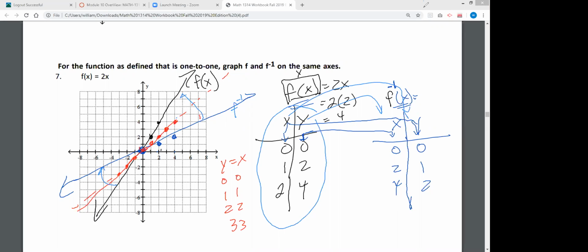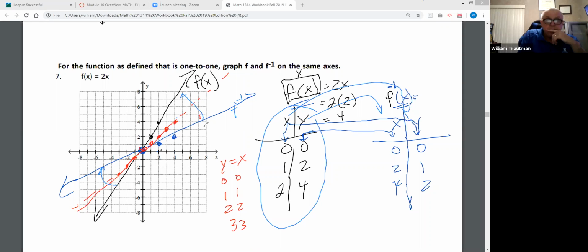Mr. Shotman, does the y equals x line have to cross in the middle of where f of x and the inverse cross, for it to always mirror? No. In fact, let me just show you. You could actually have an inverse that looks like this.